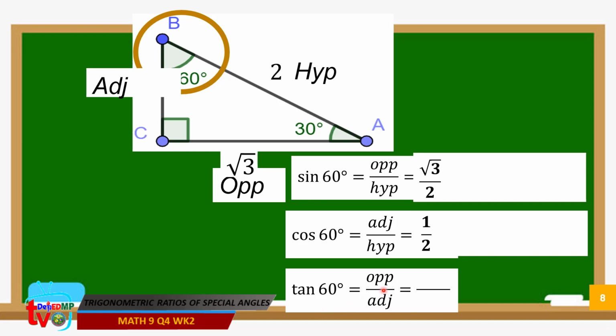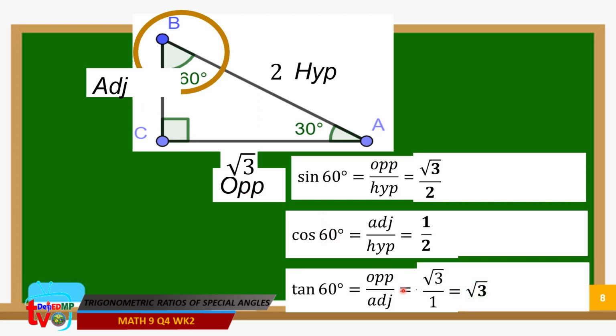Tangent 60 degrees is opposite, which is square root of 3 over adjacent 1. We have then square root of 3 over 1, which is further simplified as simply square root of 3. And there we have just solved for the 3 primary trigonometric ratios of a 60-degree angle.